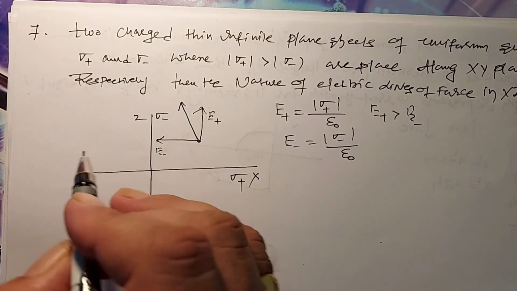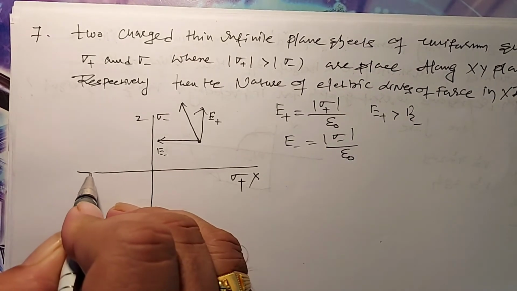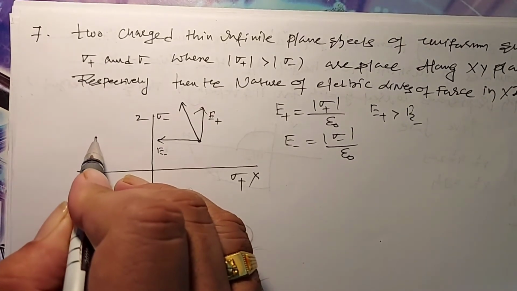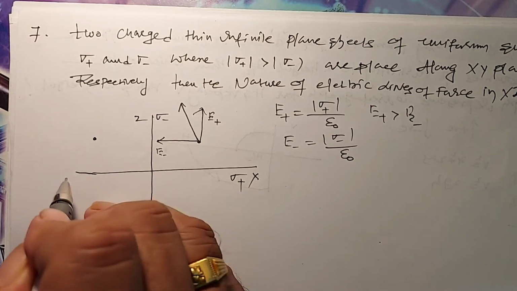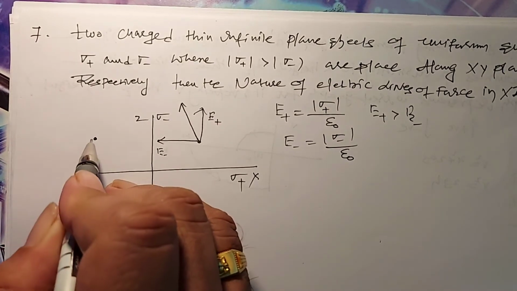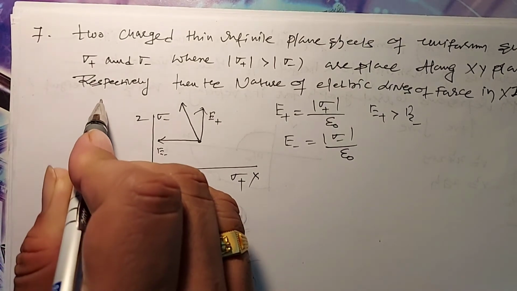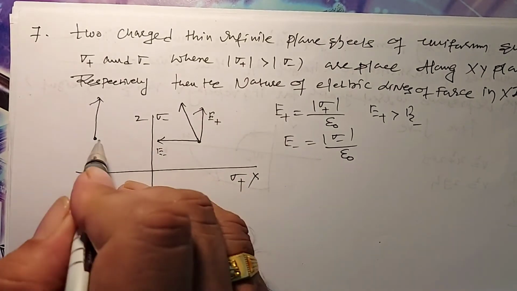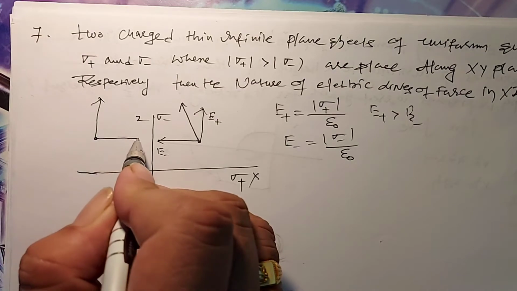Now we take one more point in this coordinate system. Due to this positively charged sheet, the electric field intensity is along this direction. Due to this plate, the electric field intensity is along this direction.